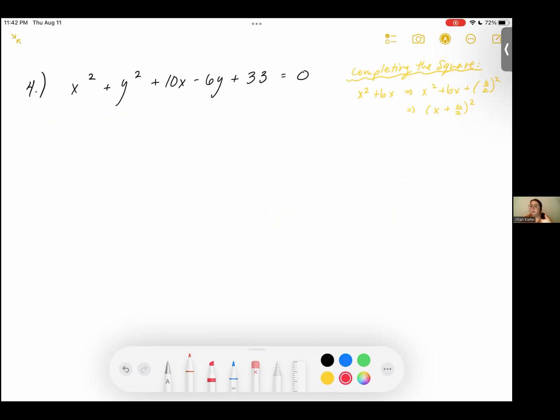We want to know what is the standard form of a circle. So we'll write out the standard form of the equation of a circle: (x − h)² + (y − k)² = r², where the center is (h, k) and the radius is r.